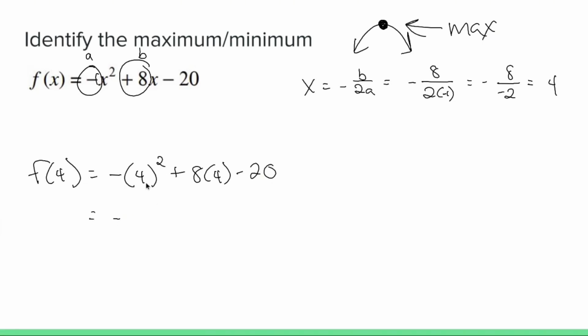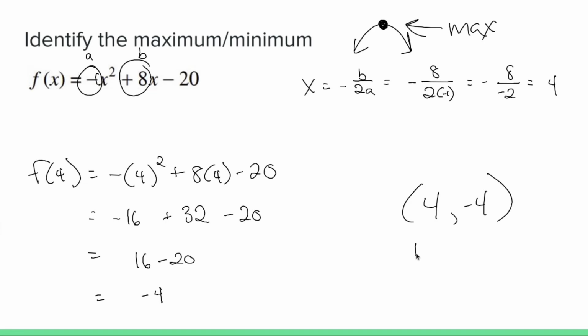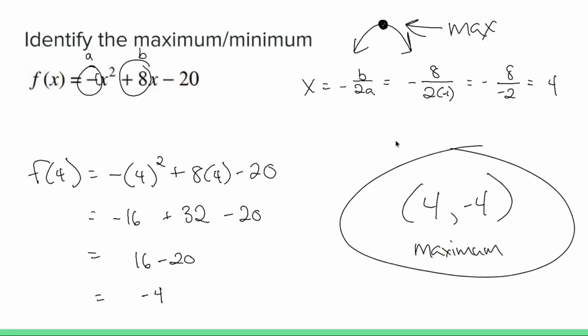Okay, -4 squared is -16. 8 times 4 is 32, minus 20. -16 plus 32 is 16. 16 minus 20 is -4. So when my x was 4, my y was -4, and that's going to be a maximum value. And that's how you do it.